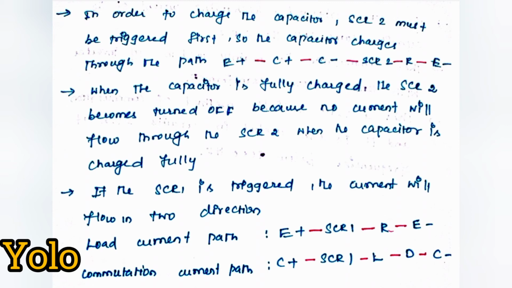When the capacitor is fully charged, SCR2 turns off because no current flows through SCR2 once the capacitor is fully charged. If SCR1 is triggered, the current will flow in two directions. One is the load current path E plus to SCR1 to R to E minus, and the other is the commutation current path C plus to SCR1 to L to D to C minus.